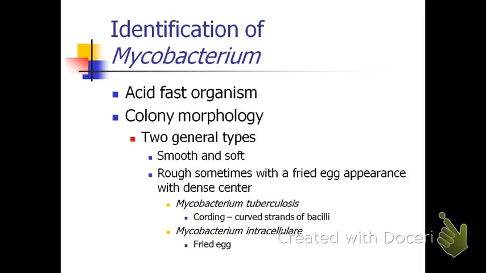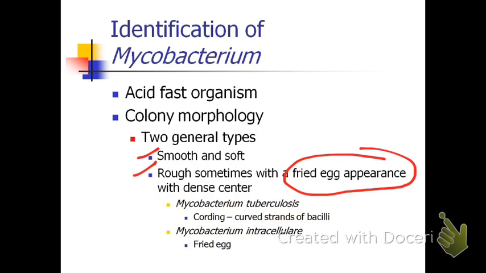Aside from the cultural methods, we can also identify Mycobacterium using the acid-fast stain, like what I mentioned before, and colony morphology. We have already identified the difference between dysgonic and eugonic growth. Fried egg appearance or cauliflower-like colonies are some of the adjectives that describe Mycobacterium tuberculosis.